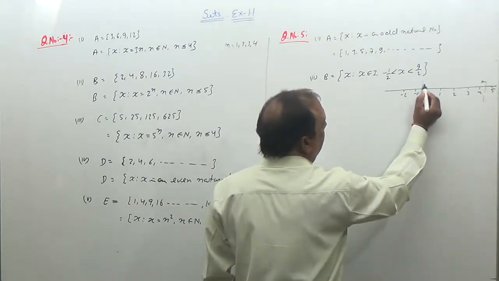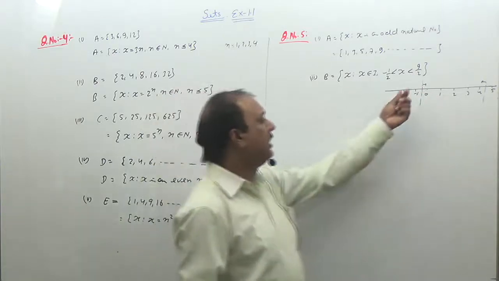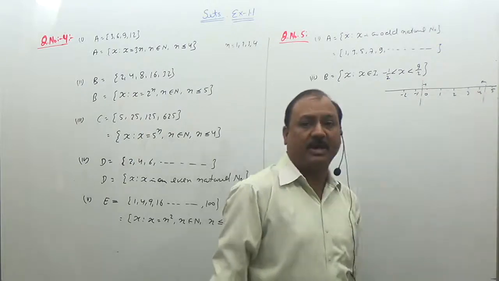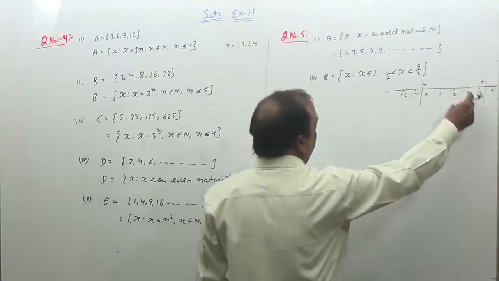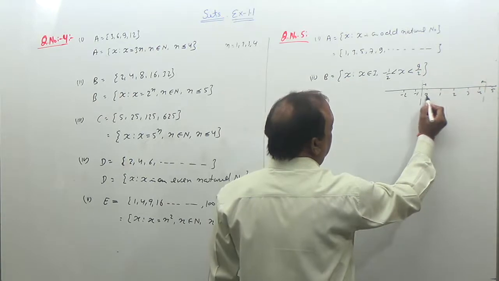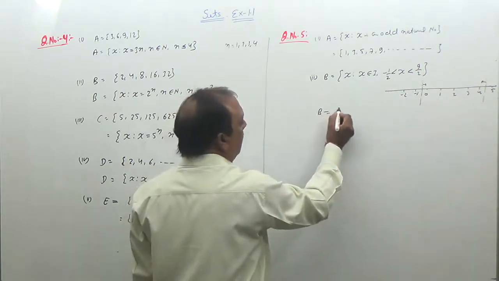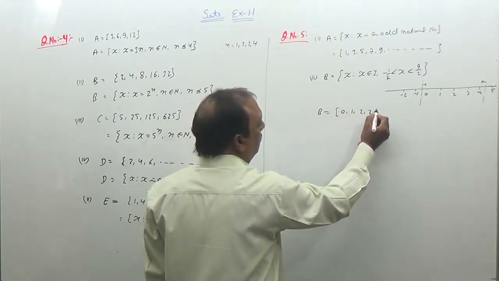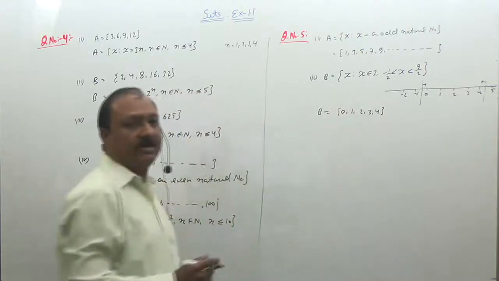So we want to take all integers which are less than 4.5 and greater than minus 0.5. Between these you will get the integers 0, 1, 2, 3 and 4. So the elements of set B are 0, 1, 2, 3 and 4. So this is the set in the roster form.